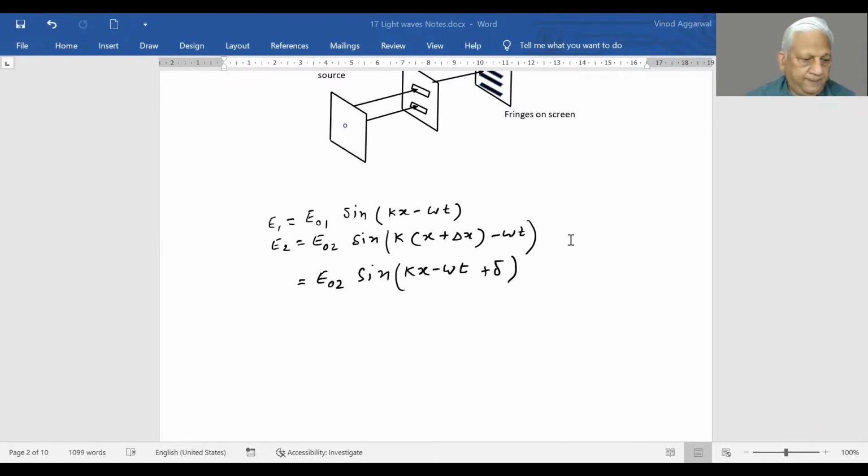Now if we take the resultant of these two waves, it can be written as. This is the phase difference between the resultant and the wave E01.